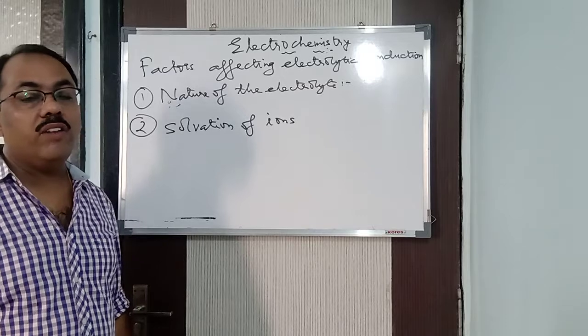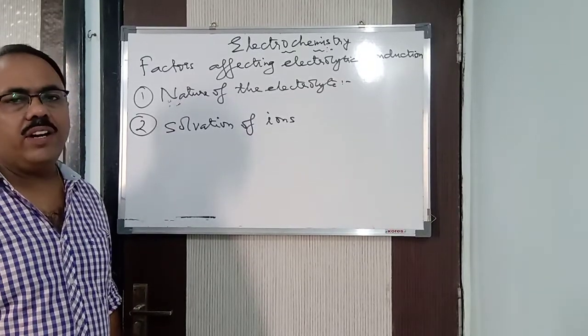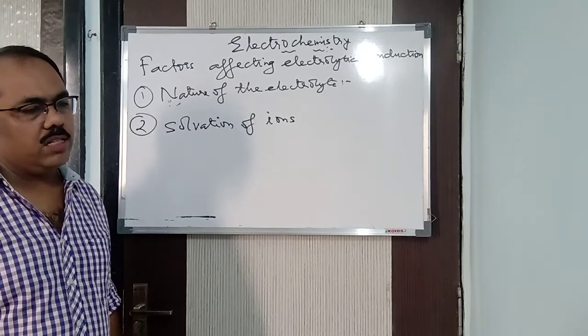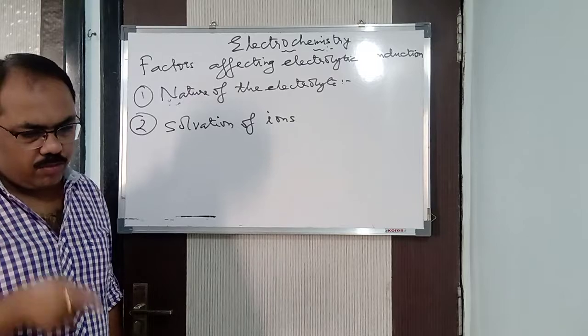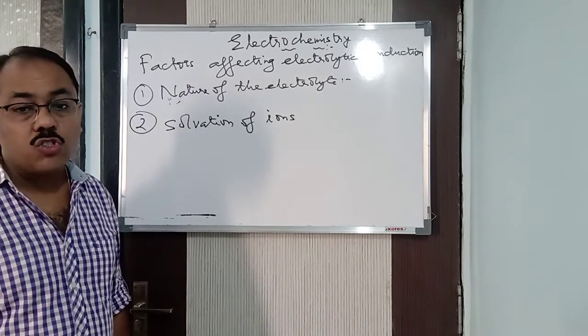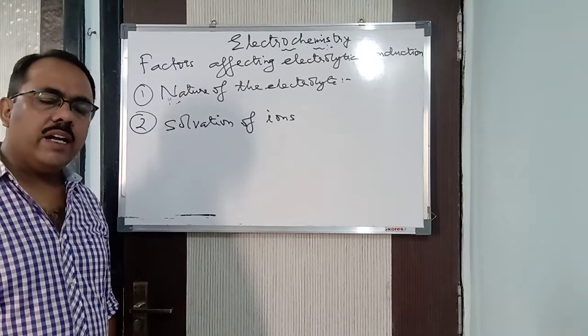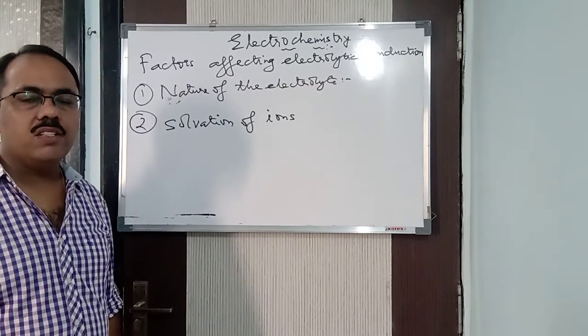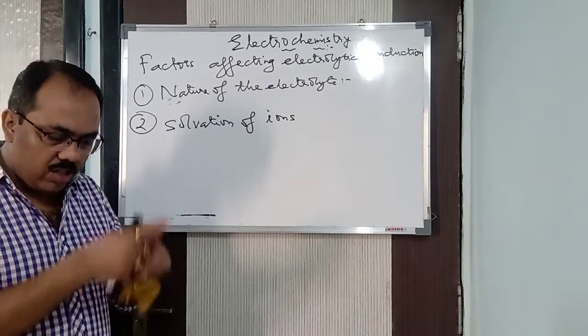Suppose the solute-solvent interaction, let us say sodium chloride and water, is stronger, meaning it is going to pull towards itself. So will it conduct electricity? No, it is not going to conduct electricity, because if it is stronger, it will not dissociate into its ions.